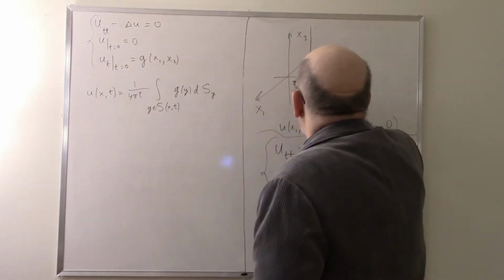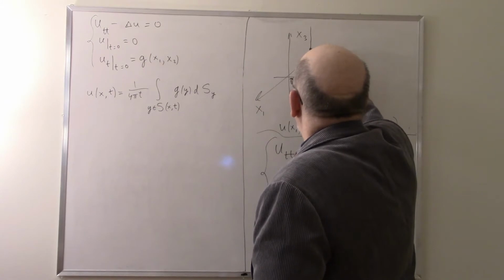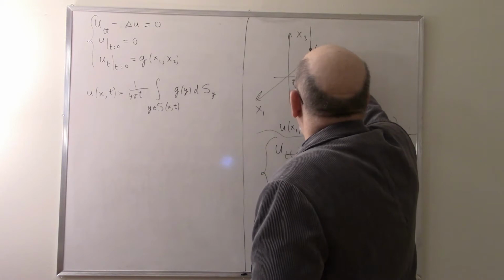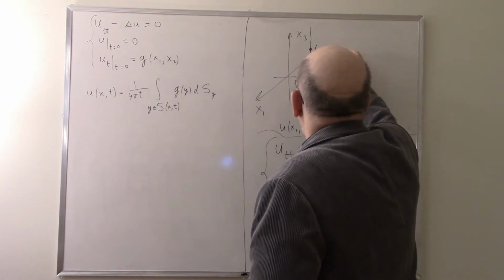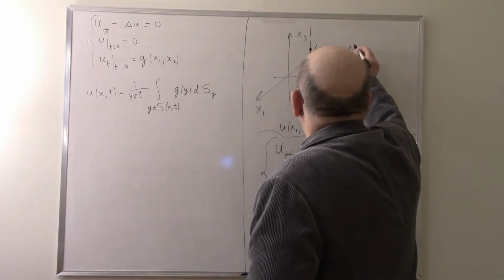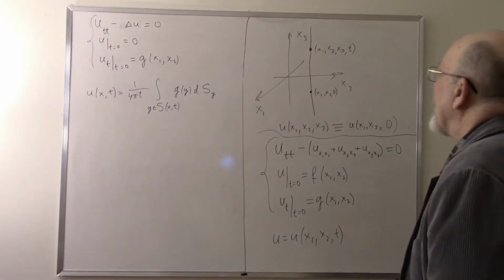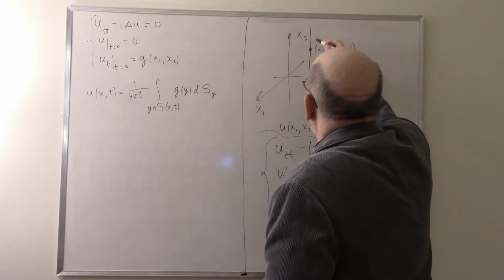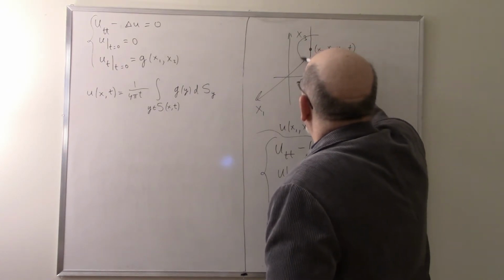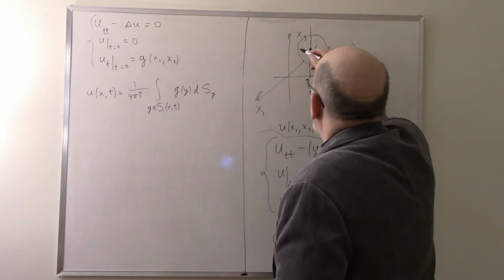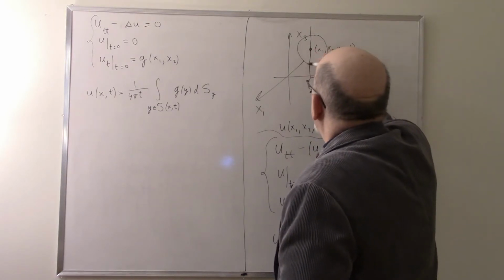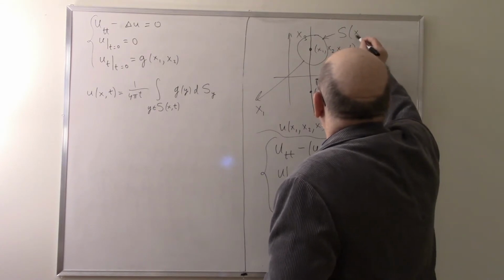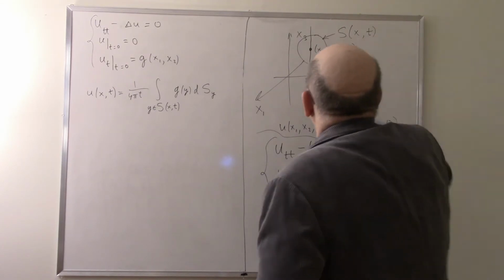So if you take some point x1, x2, x3, t, then the solution is obtained from the initial function g by integrating over the sphere S of x and t, radius t.